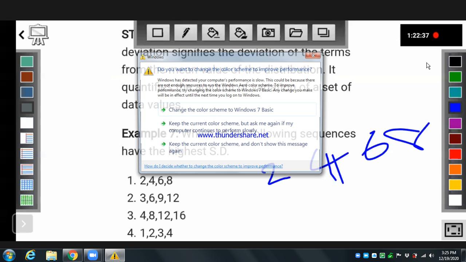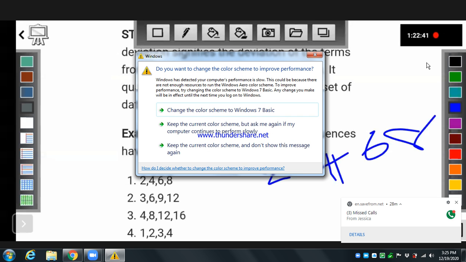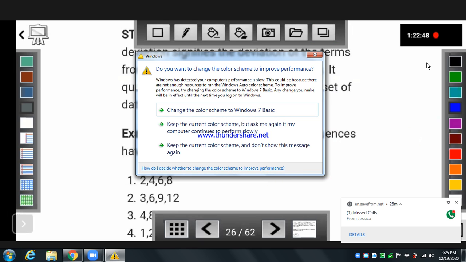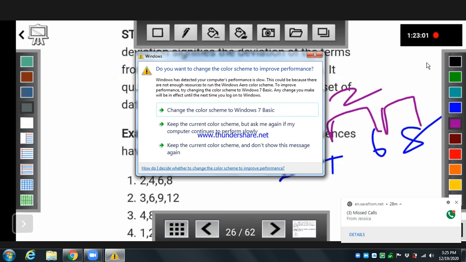The deviation between 2 and 4 is 2, between 4 and 6 is 2, and between 6 and 8 is 2. If the deviation is the same, we can call this the standard deviation. The standard deviation value is 2.